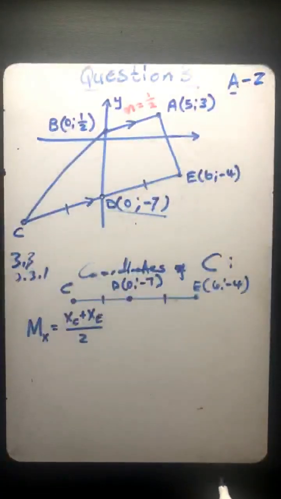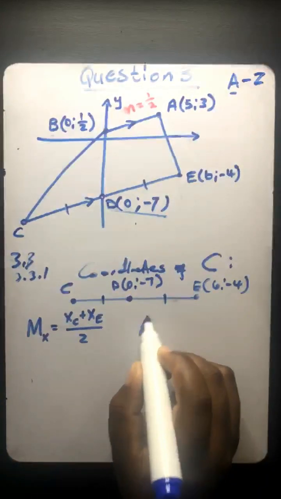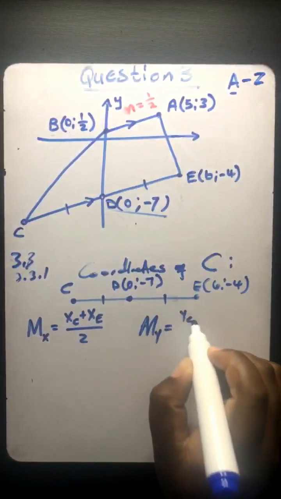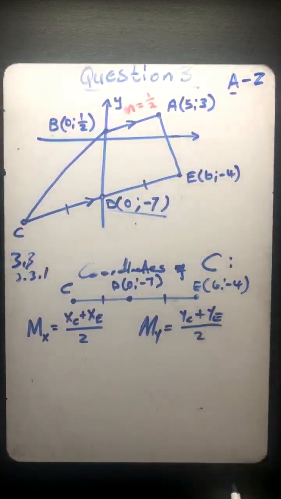Remember, every time you divide something by 2, it's more like you are cutting it into half. So a midpoint for the y value is going to be y of C plus y of E over 2.